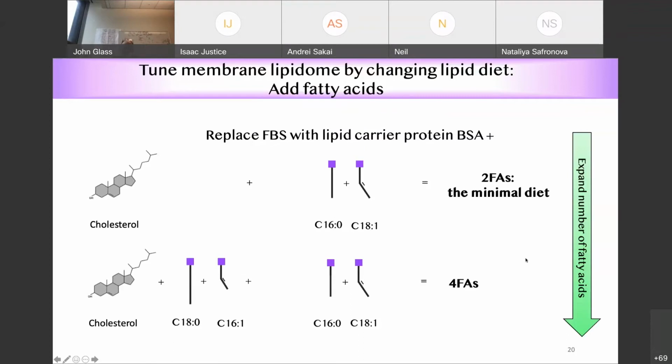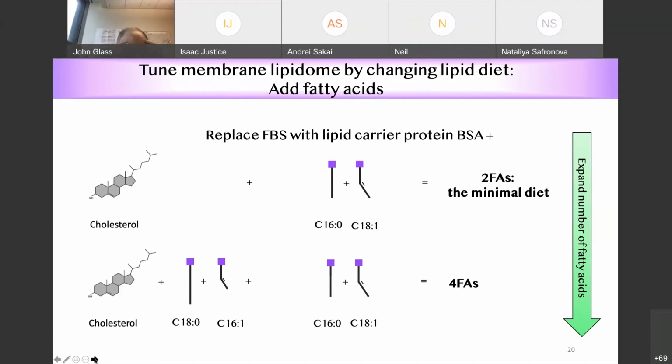And this is a new 4 fatty acid diet, which has a distinct feature of decoupling the acyl chain saturation and acyl chain length for mycoplasma, thus giving them more degrees of freedom in constructing their lipidome.